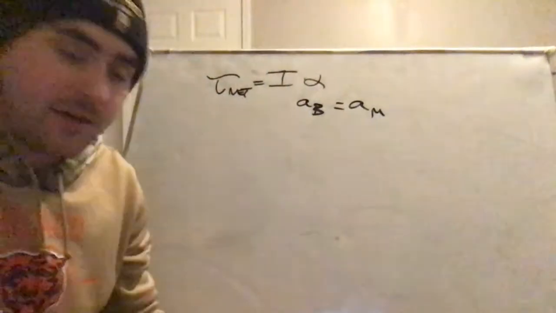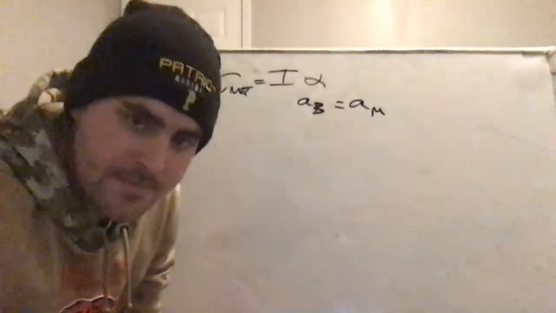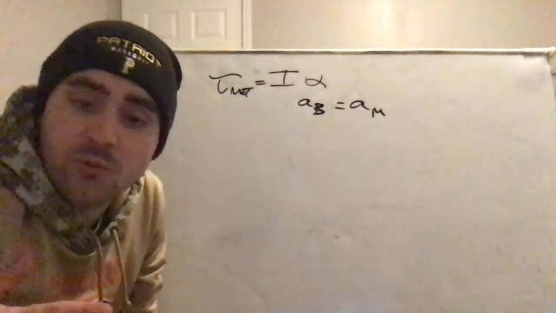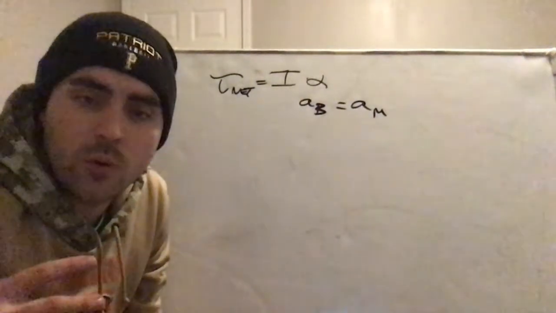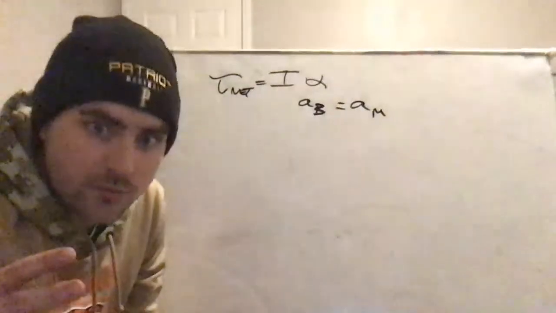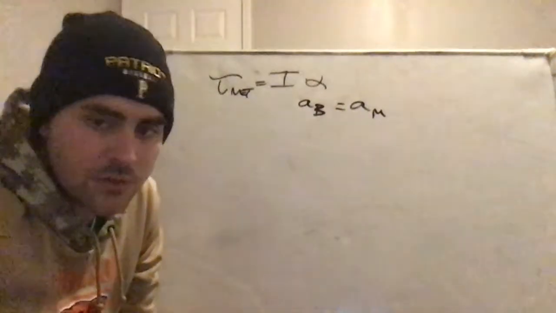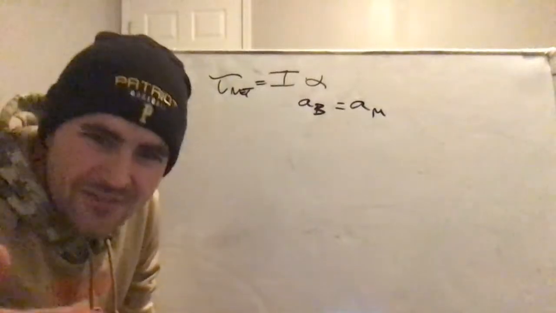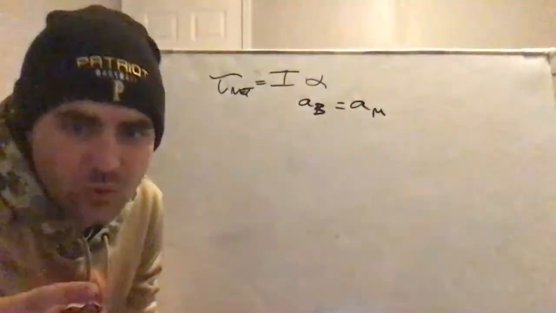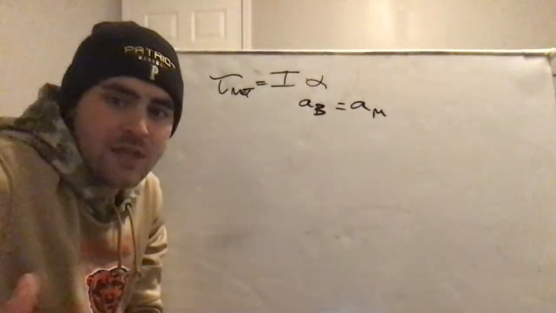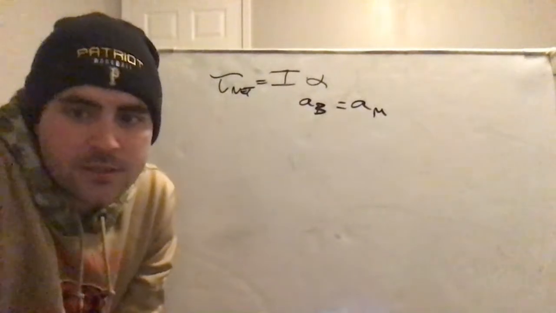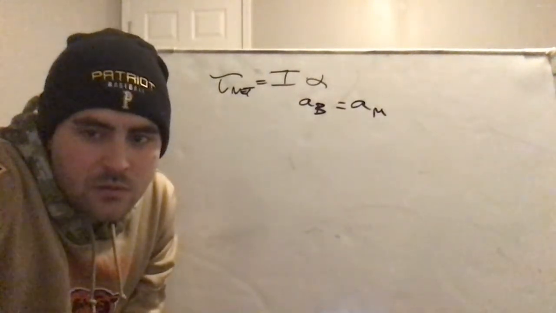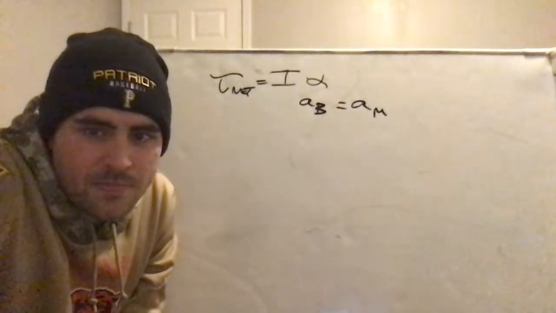Even though its I value will be increased because it has more mass, the coefficient for the I's will be the same. It will also have more torque because we know that the normal force ends up producing the friction force. So more normal force means more friction force. Therefore, it's heavier, so it has a higher I value, and it will also have a higher torque value, meaning that the acceleration of the heavier object will still keep up with the smaller object. How do we know when our T-net equation is equal to 0?